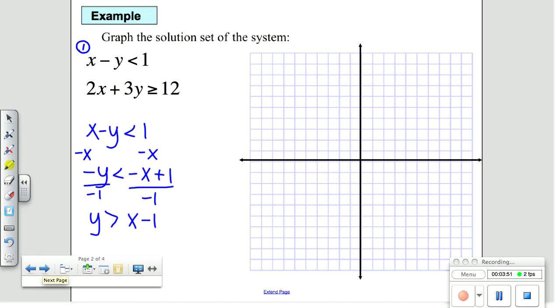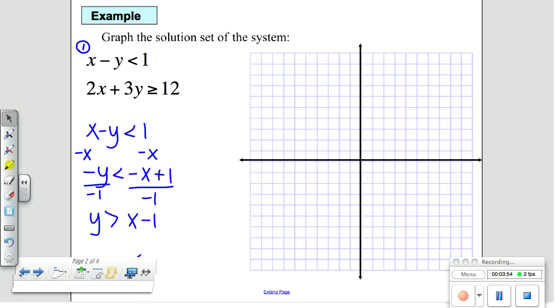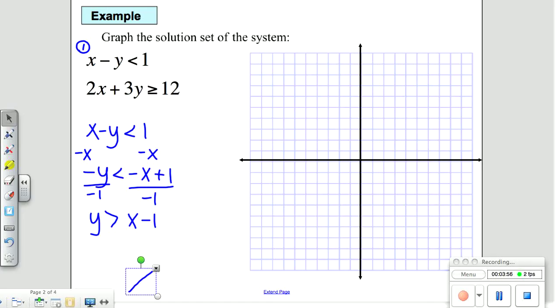We can graph that one now. We'll go over here to our graph. And we'll plot negative 1 as the y-intercept, and then our slope is 1.